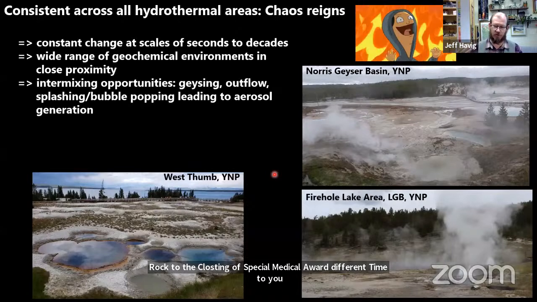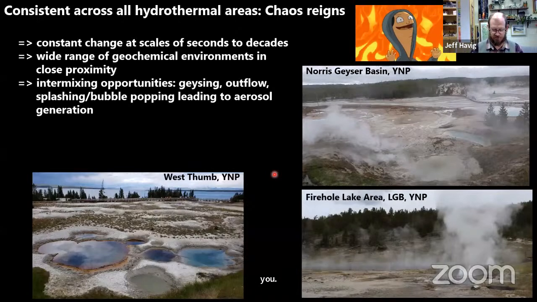So you can change orders of magnitude of pH over just a meter scale. And with these, you can get constant change at scales of seconds to decades, wide ranges of geochemical environments in close proximity, and lots of opportunities for mixing, including geysing, outflow intermixing, and outflow from hot springs flowing into each other. You can have splashing or bubble popping leading to aerosol generation, so transport to other hot springs that way.